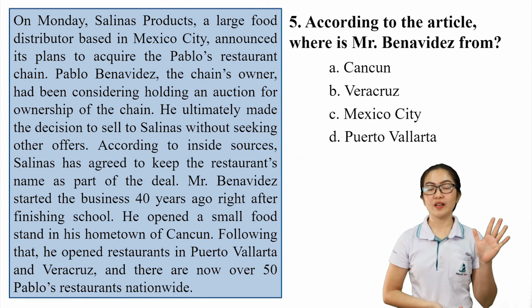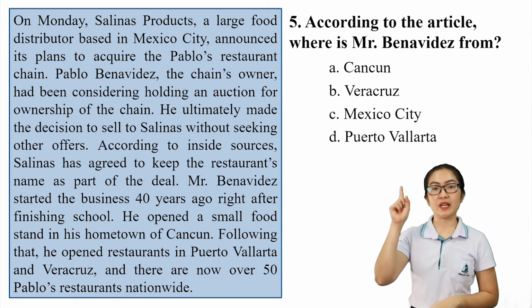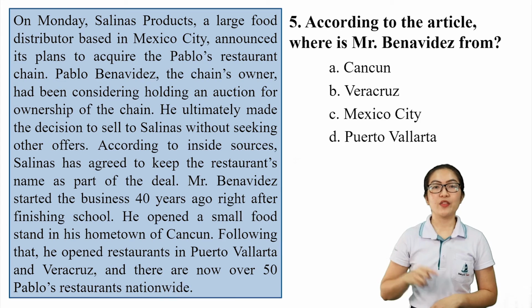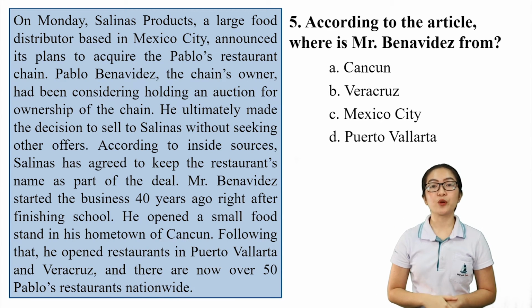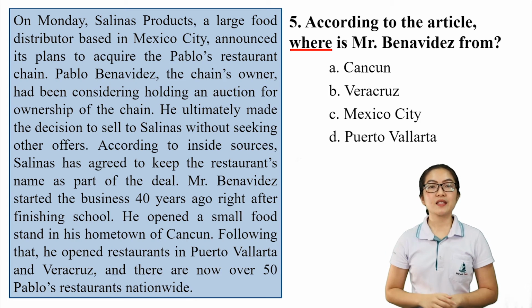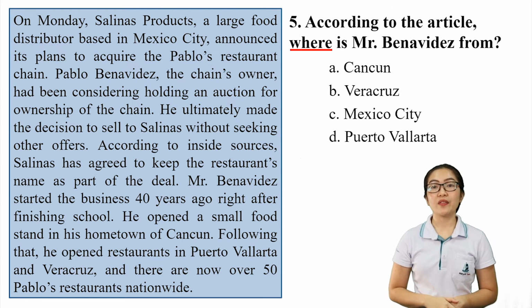Number 5. According to the article, where is Mr. Benavides from? The question is asking for a place because of the marker "where." Scanning through the article, there are 4 places mentioned.